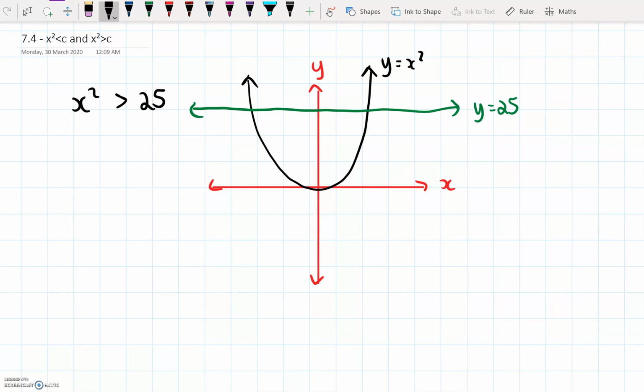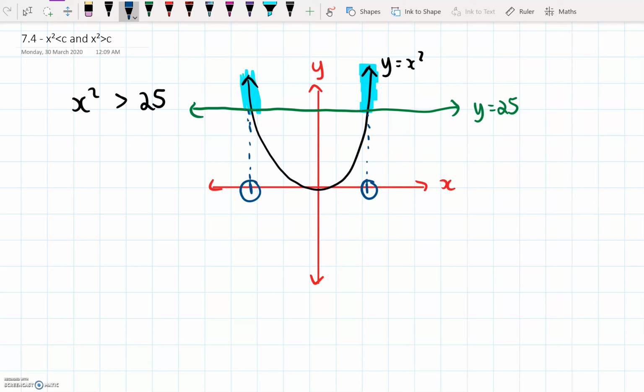And we want to know where x squared is greater than 25. Straight away we know that this is going to be above the green line, which is these two areas. Again, we just need to find the values of these two points.